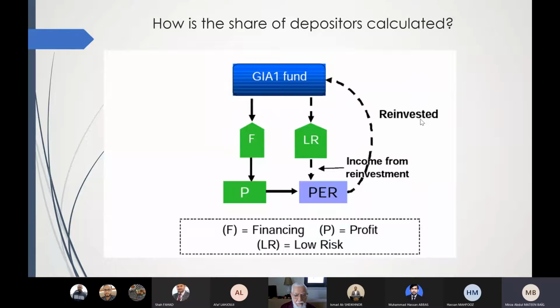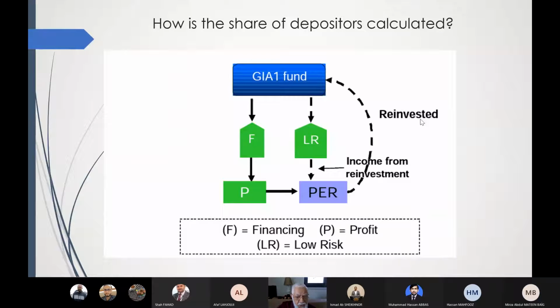The total amount is, for example, 1 billion Turkish lira, which constitutes 50% Mudarib deposits and 50% bank deposits. If the profit generated is 1 million Turkish lira, then based on the ratio of 50%, the bank will deduct 50% of the profit as its own investment. The net amount remaining belongs to the Mudaraba pool.